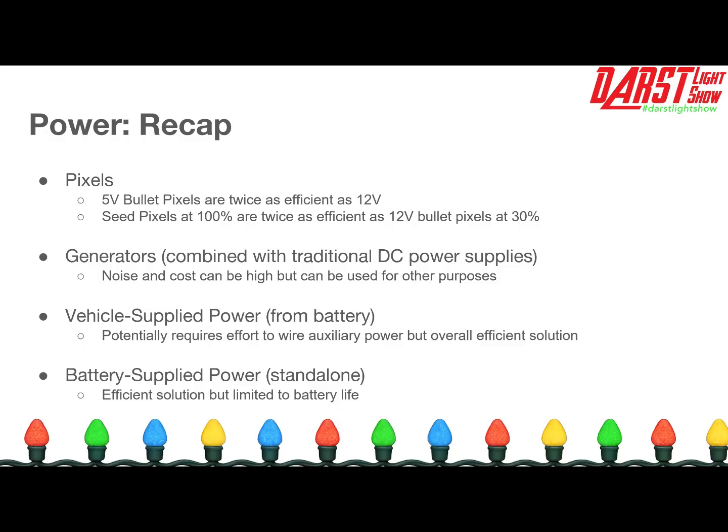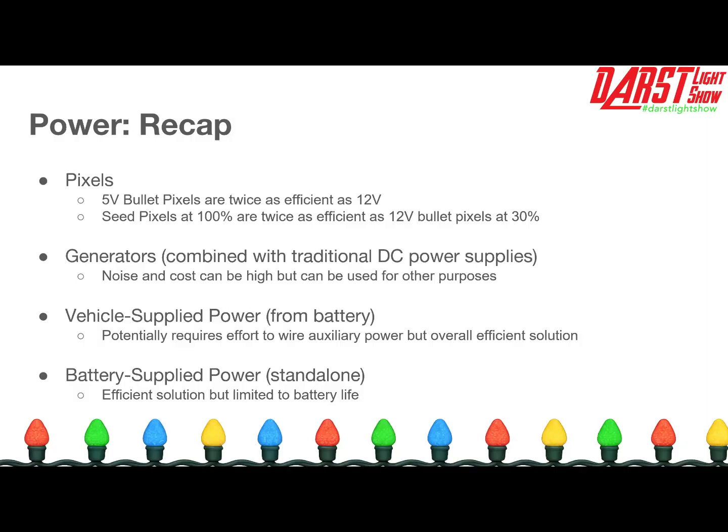Let's see, reiterate some things. Like I said, with generators, noise and cost can be high, but you can use it for other purposes. Vehicle supplied power from your battery potentially requires effort to wire auxiliary power, but overall, it's a very efficient solution, so you're going to have the least amount of losses. You can conceal things.